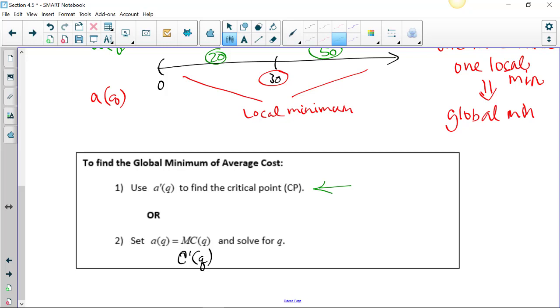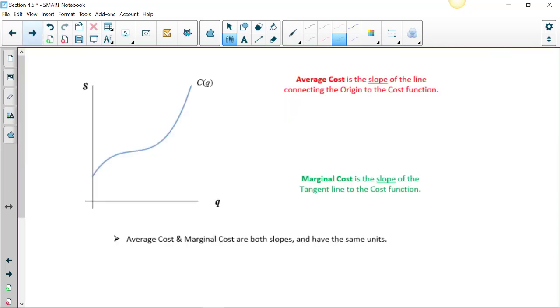Okay, so let's look at this visually. Here's my cost function. I can see that at a production level of 0, we do have a cost. So this is our fixed cost. Remember, our y-intercept would be our fixed cost at a production level of 0. Let's talk about if we're at a production level of 50, for example.